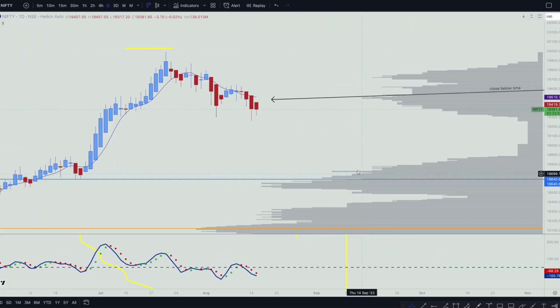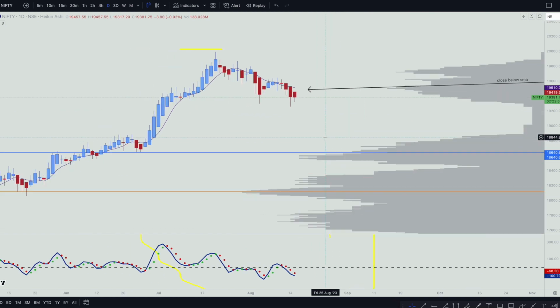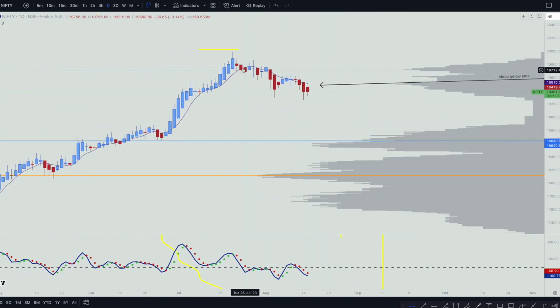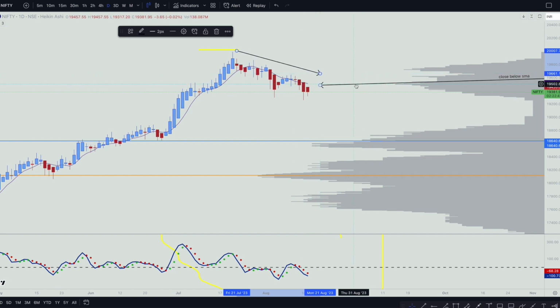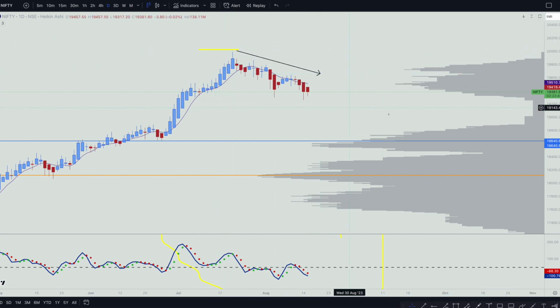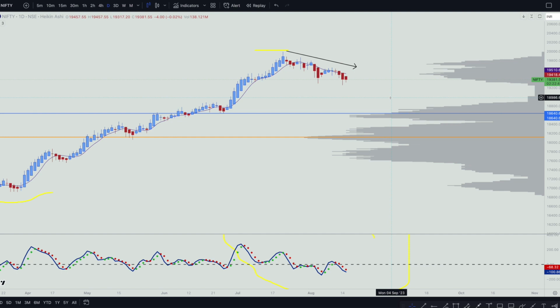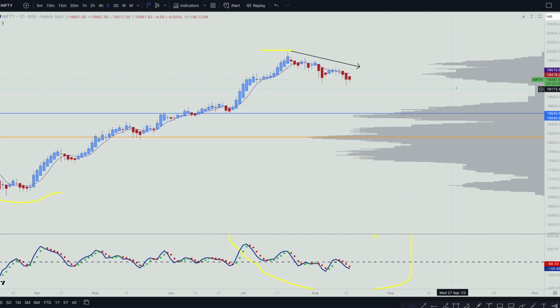On the daily chart here, make this nice and big, you can see the more prolonged downward action. We have a slope starting to move from this high to here. And one thing I do want to bring your attention to is this gap right here with the volume profile.